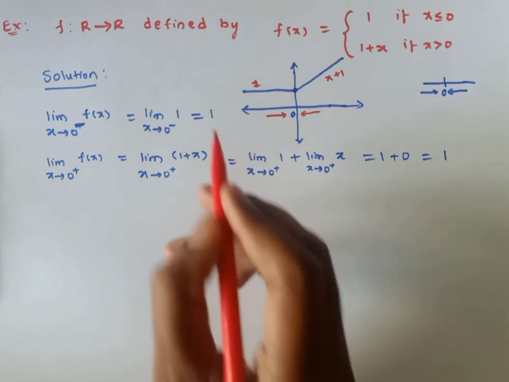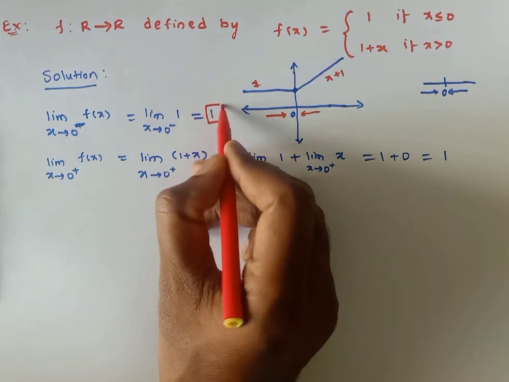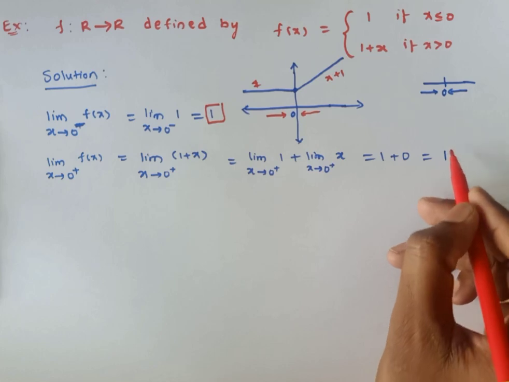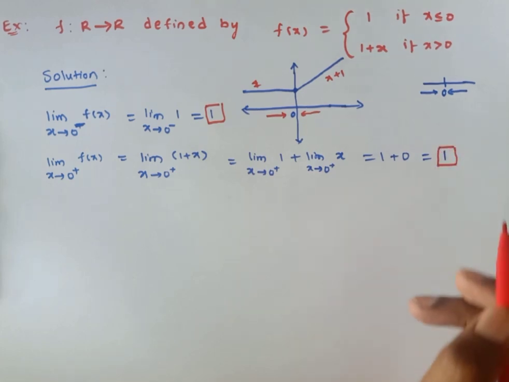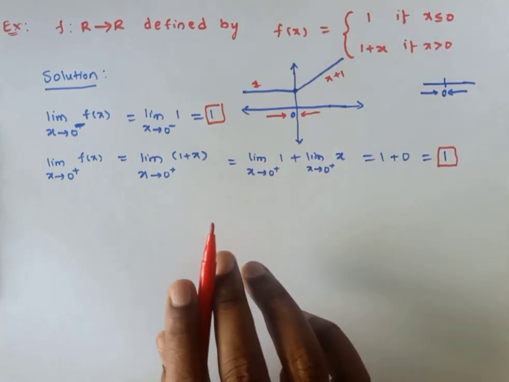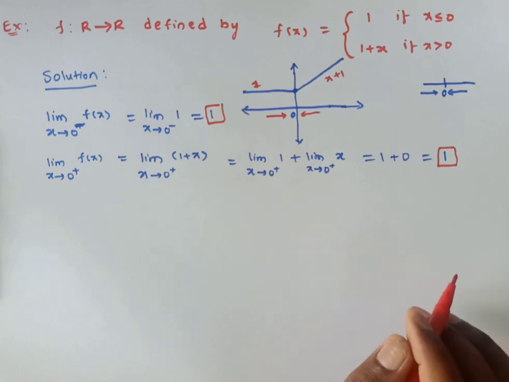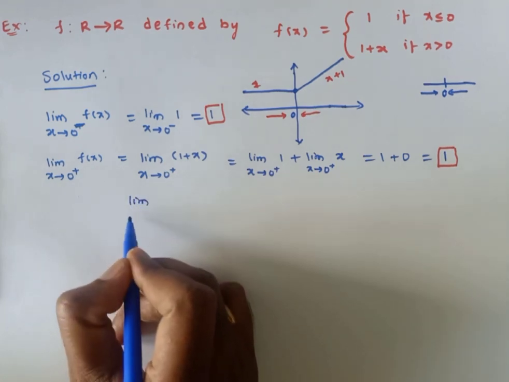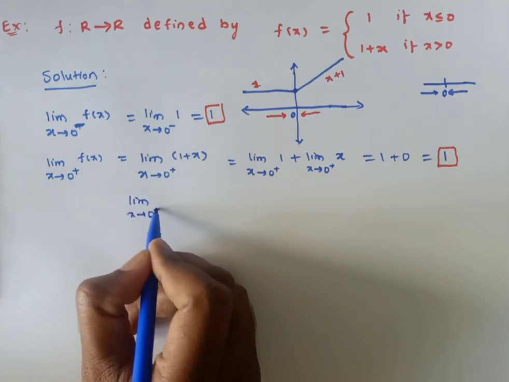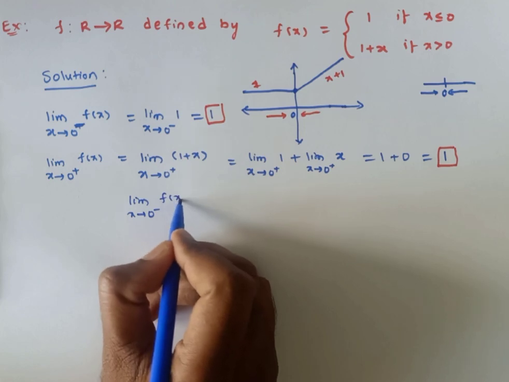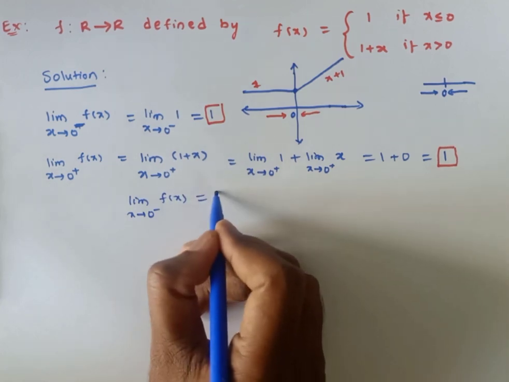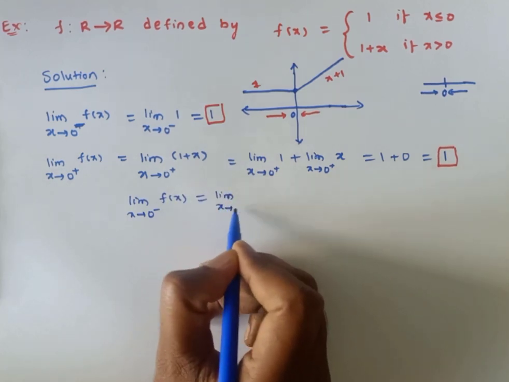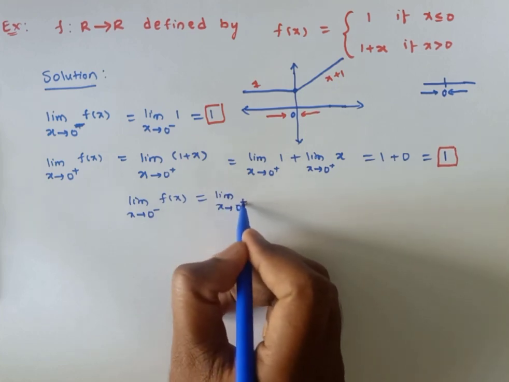So the left hand limit at x equal to 0 is 1, and the right hand limit at x equal to 0 is also 1. Now the left hand limit and right hand limit both exist and they are equal. So here we can conclude that the limit as x tends to 0 minus of f of x exists, and this is equal to the limit as x tends to 0 plus of f of x.